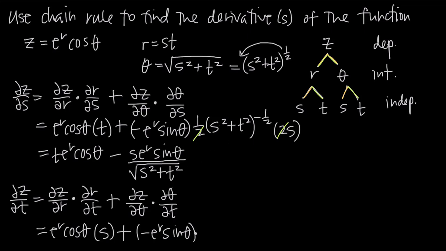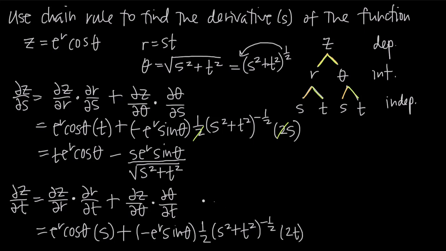Well, it'll be the same thing here. We'll get 1/2 times s squared plus t squared to the negative 1/2. But then we have to multiply by the derivative of the inside function with respect to t. Well, the derivative of s squared plus t squared with respect to t is 0 plus 2t. So we multiply by 2t.